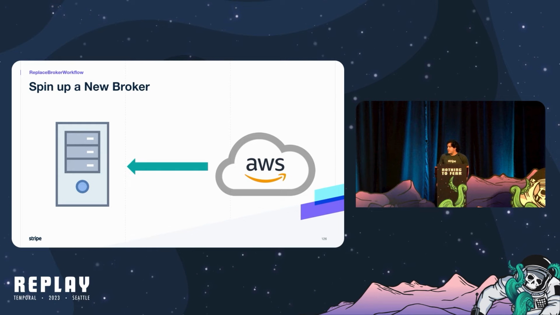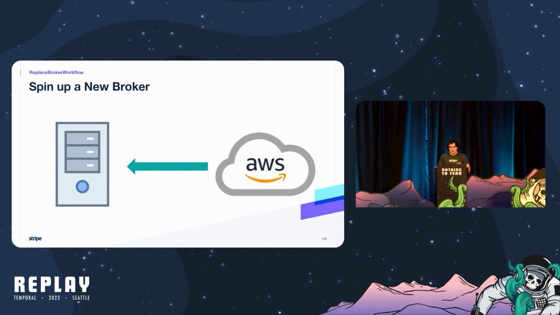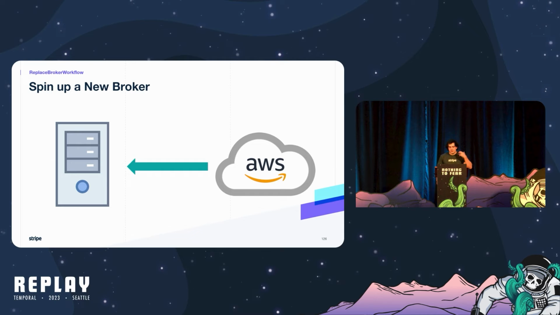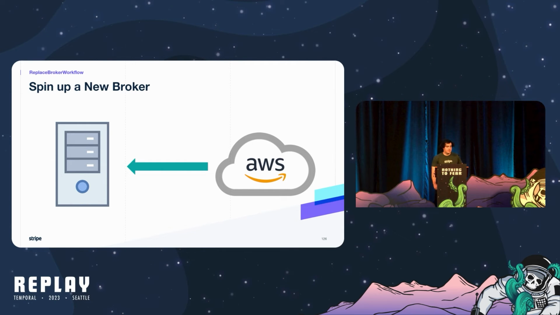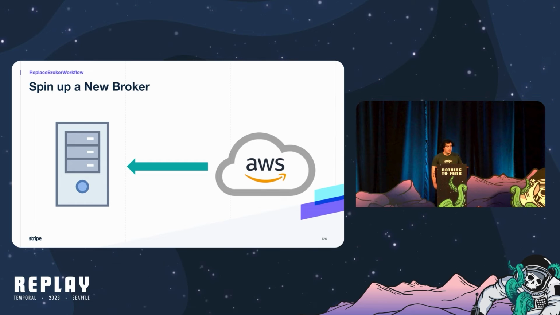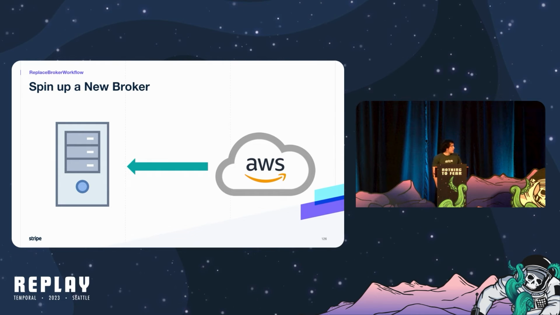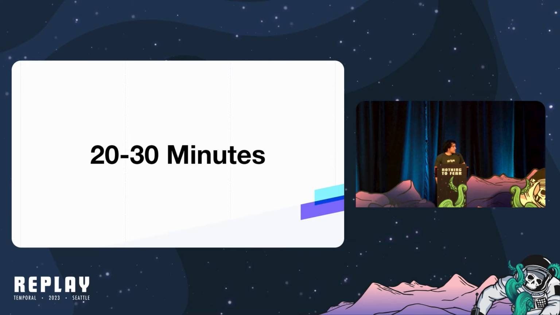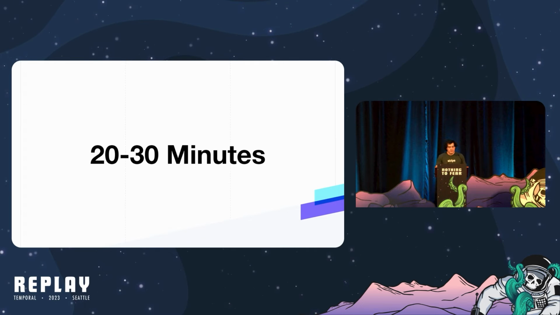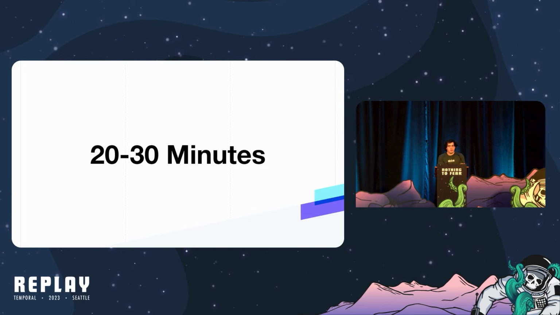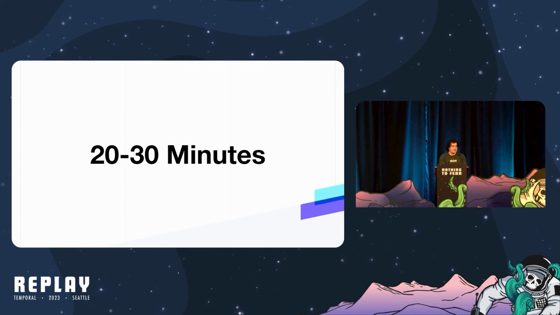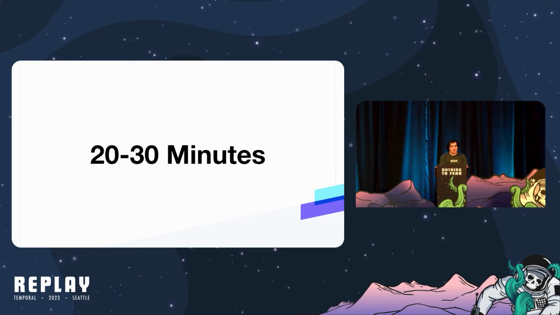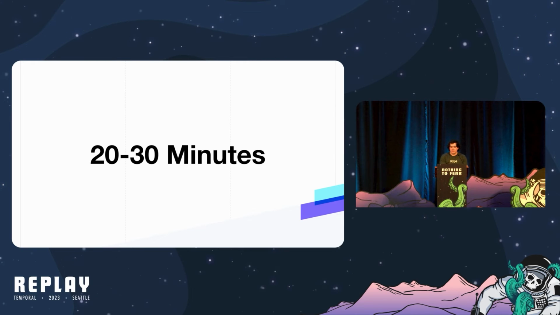However, we ran into an issue where spinning up a new broker takes a lot of time because we have to wait for it to completely bootstrap before it can be promoted to be within the cluster. This operation would take a total of 20 to 30 minutes, which is kind of scary given that we are very concerned about having high availability throughout our entire platform.